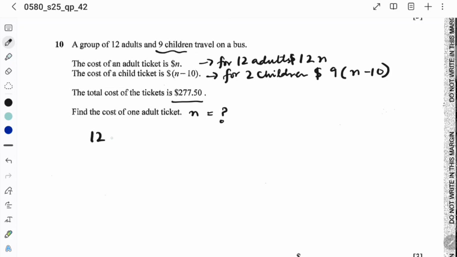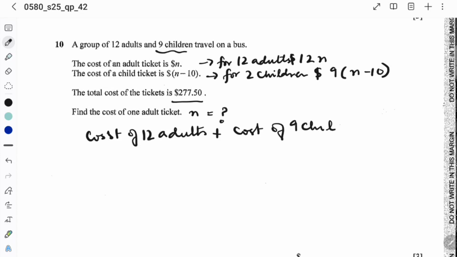Okay, so 12n, the cost of 12 adults, plus the cost of 9 children is given in the question, 277.50.